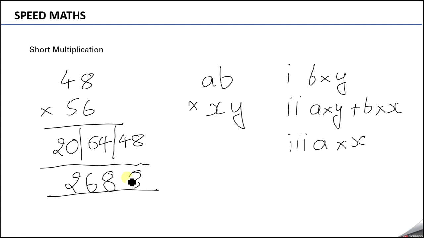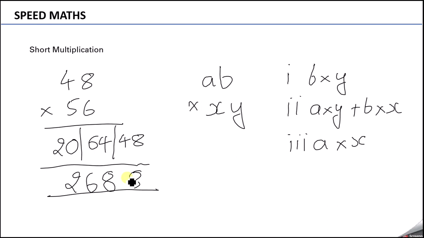Now you might say that this would take similar time to your typical long multiplication as well. But trust me, I have been following this for a long time. Just because it's a two-digit number, you might feel that this is taking a similar amount of time.